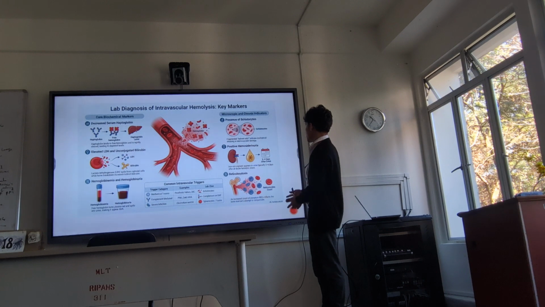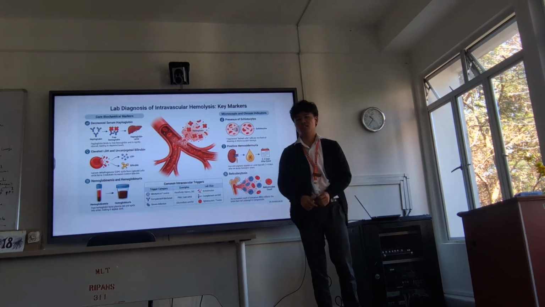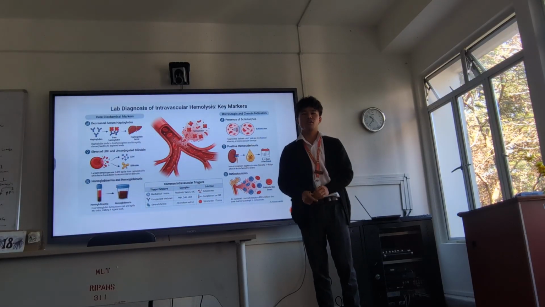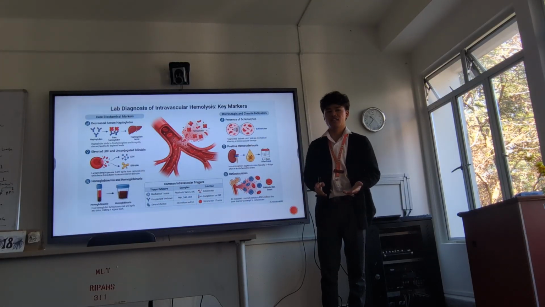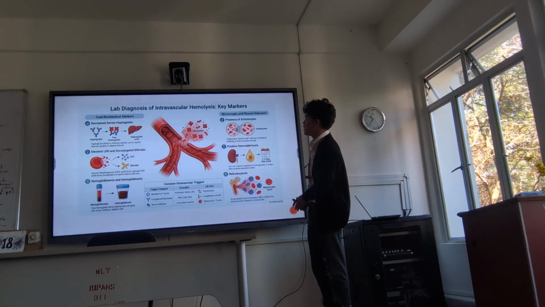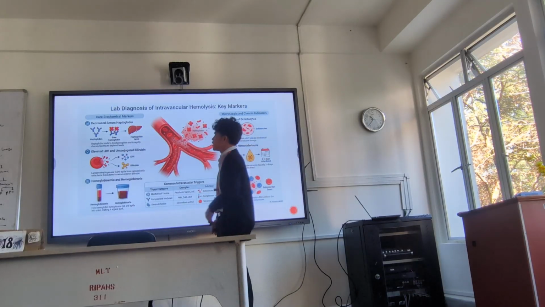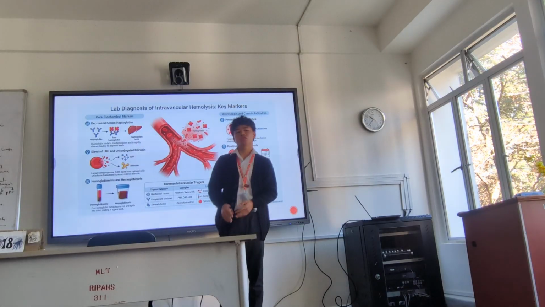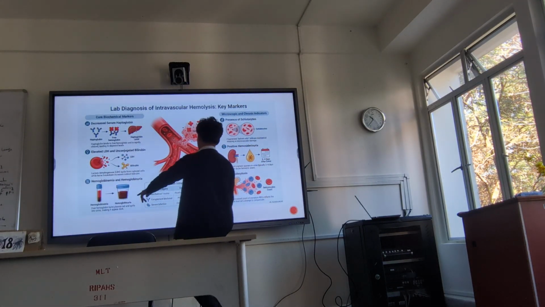Then reticulocytosis, meaning reticulocytes also increase in intravascular hemolysis, because inside the blood vessels RBC breakdown occurs, so the loss has to be compensated by the bone marrow, and increased reticulocytes will be there. More biochemical markers: serum haptoglobin will decrease, and elevated LDH and unconjugated bilirubin, which eventually will cause jaundice, and then hemoglobinemia and hemoglobinuria will also be there.